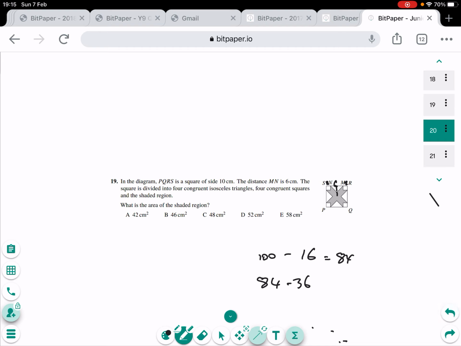So minus 36 equals 48, which is our answer for question 19, so the answer is C.